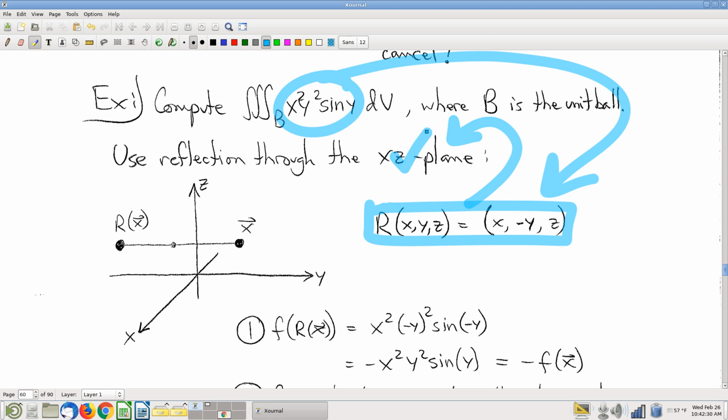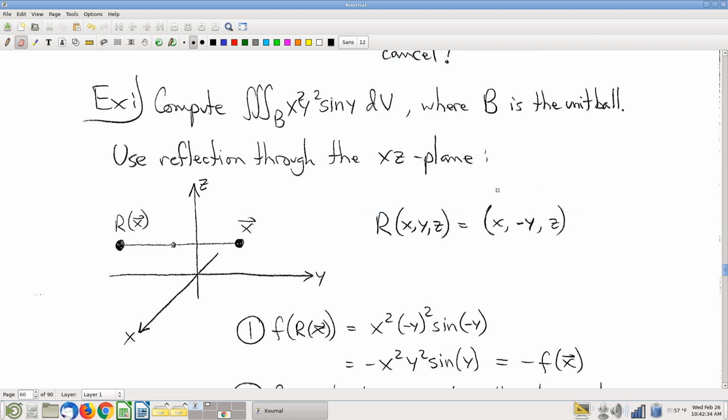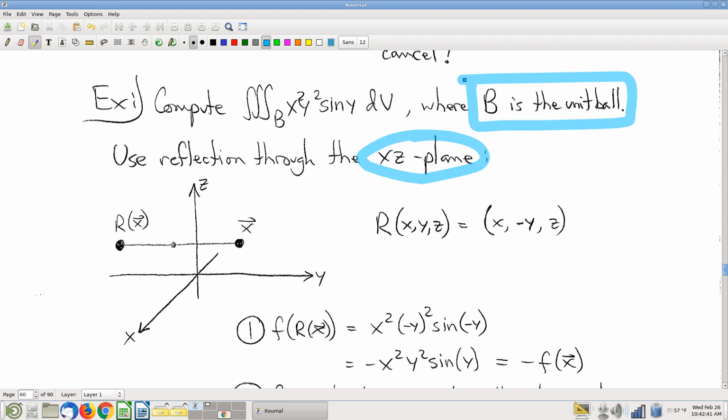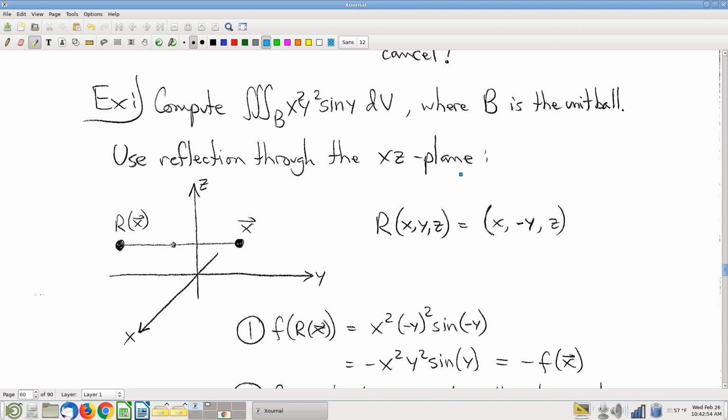Strategically, I expect that's how you're going to do it in practice. Don't forget to confirm, once you've done this, that the plane actually is a plane of symmetry of your domain. It's absolutely essential and critical. Both of the conditions have to apply through the same plane. Symmetry arguments are totally awesome, but they are also dangerous.